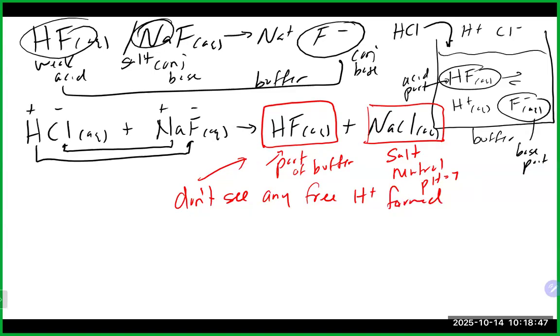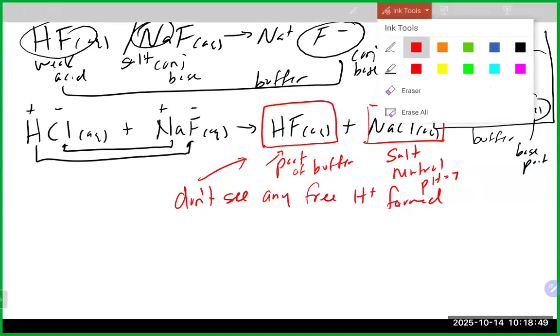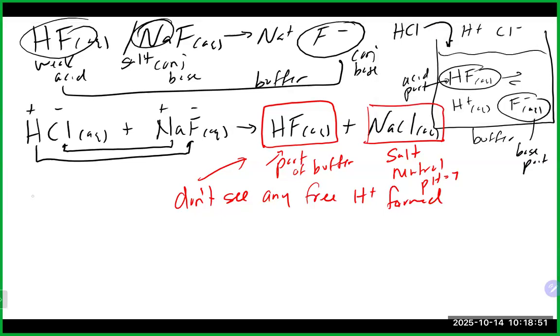And that's really important because essentially that means that the concentration of H plus that we started with is relatively constant. And if my H plus concentration I started with is relatively constant, that means my pH will also be relatively constant.